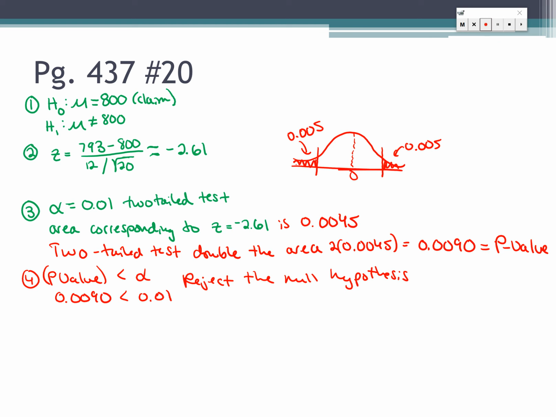So then your area actually gets doubled for your p-value.